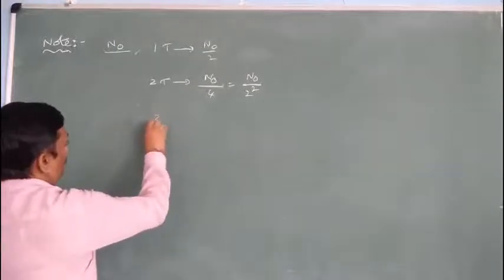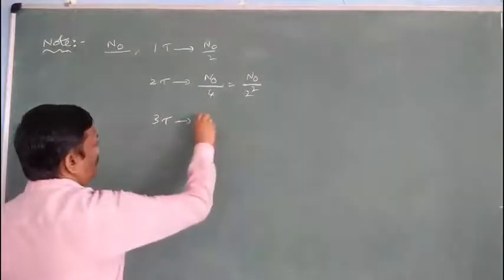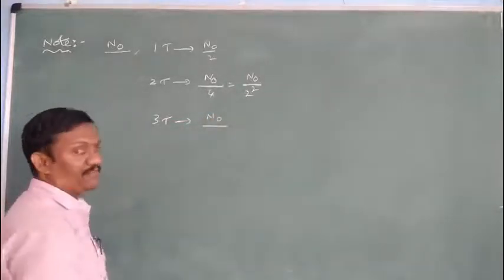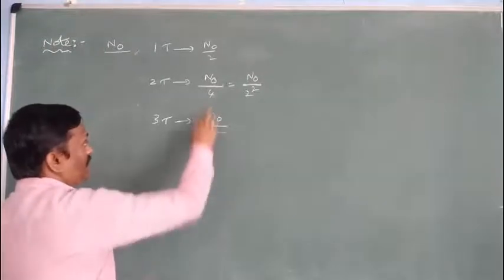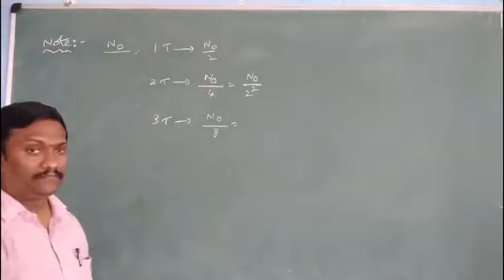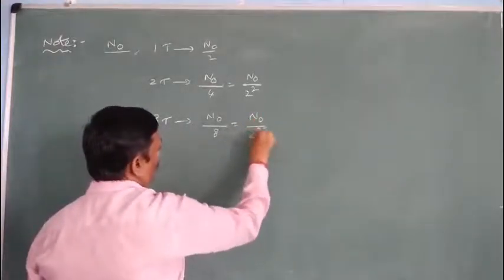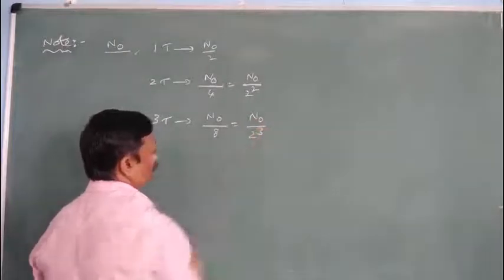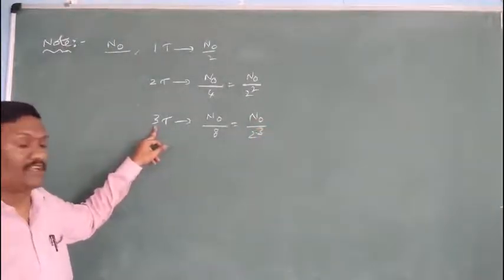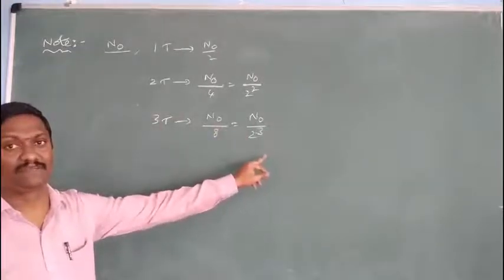Next, after three half-lives, the number of atoms becomes half of the previous number, N naught by 4 by 2, which is N naught by 8, or N naught by 2 cubed.